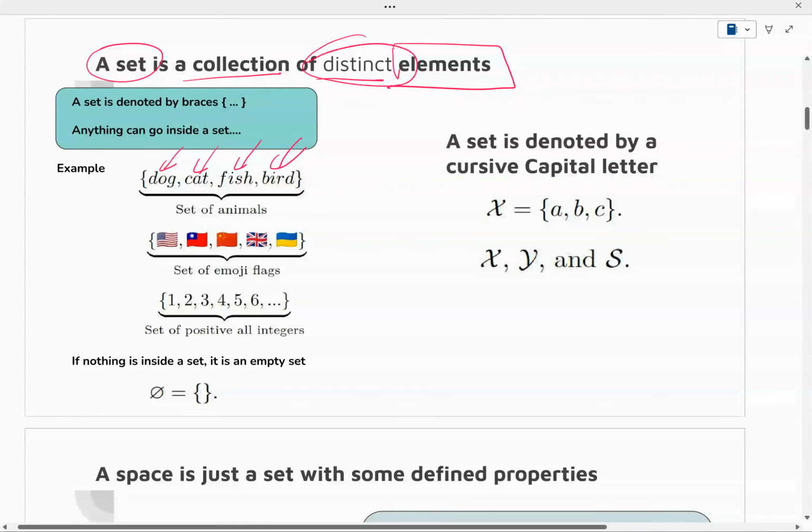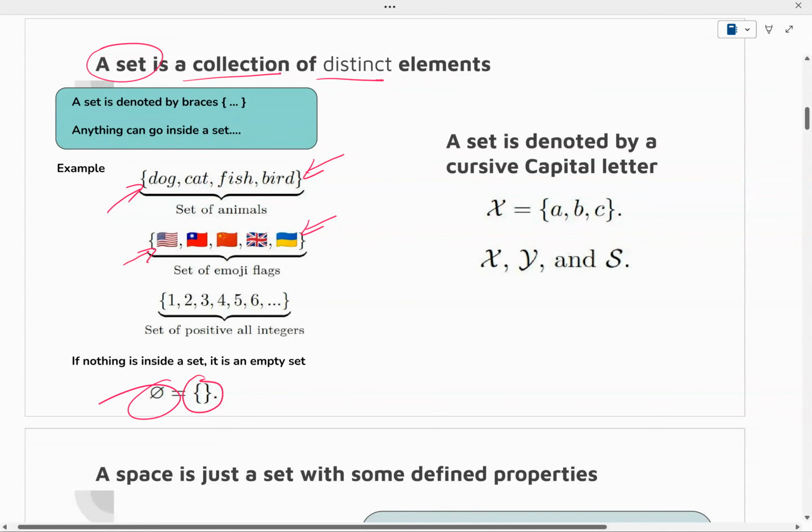Notice they're distinct. You can also have a set of flags, so emoji flags, or a set of numbers. If there's nothing in the set, notice how we use the braces as the notation for a set, then we call this an empty set.